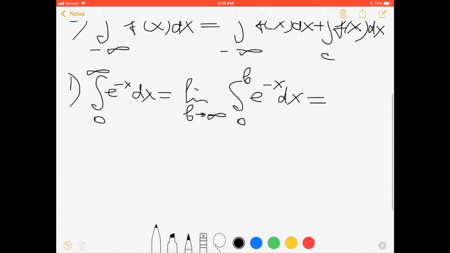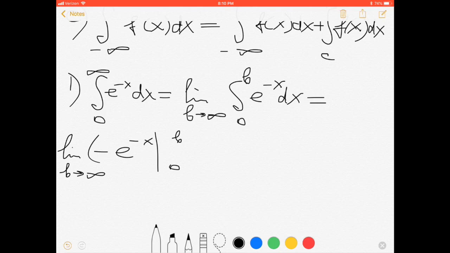This integral is very good. This means we can integrate now. It will be minus e to the negative x from 0 to b, with the limit as b approaches infinity.